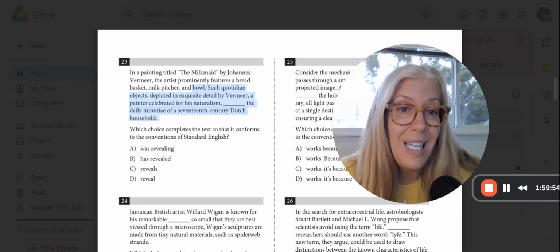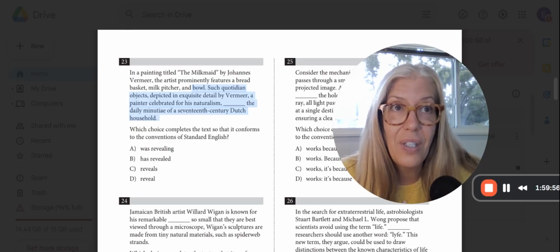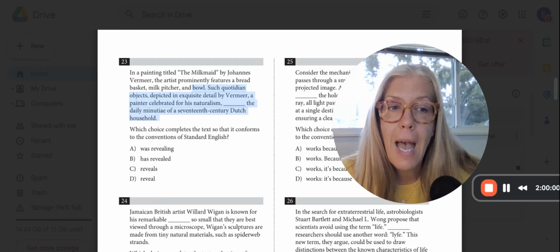But what they have sneakily done is given us appositives in between the subject and the verb to look at. Such common objects, depicted in exquisite detail by Vermeer. That's yapping about the objects. But then also, a painter celebrated for his naturalism. That comma to comma is yapping about Vermeer.